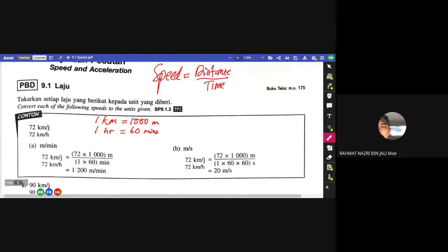Question B, convert it to meter and second. So kilometer change to meter, so multiply by 1000, and then hour convert to second, we have to multiply by 60 and 60.